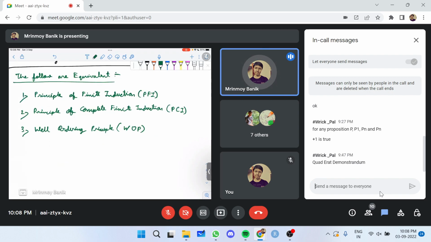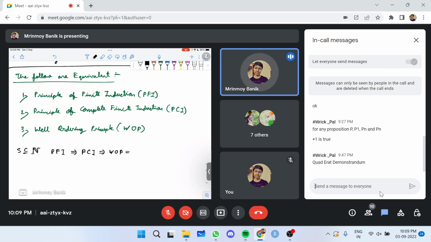So what does it mean for them to be equivalent? Well, if you have a set S which is a subset of the naturals, since this is common to all three, and S satisfies the conditions of PFI, then that implies it satisfies the condition of PCI, which in turn implies it satisfies the condition of WOP.